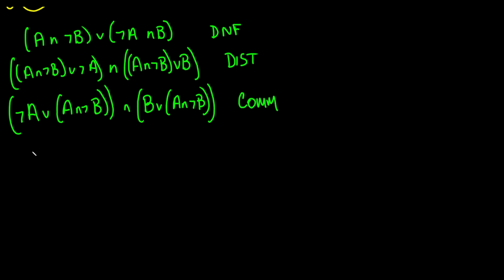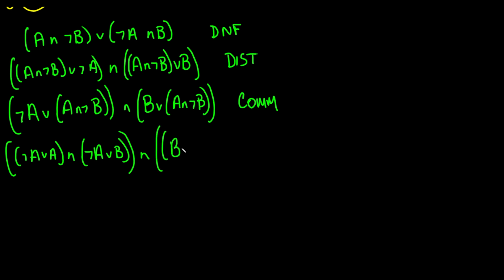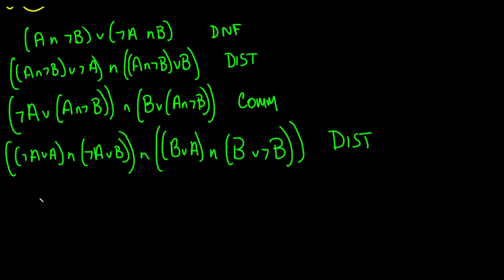The last step here will be to use distribution again, and I'm going to use it twice, once on each conjunct. Using distribution will give me not A or A, and not A or B, and B or A, and B or not B. And so this was by distribution. We have quite a mess here, but take a look.